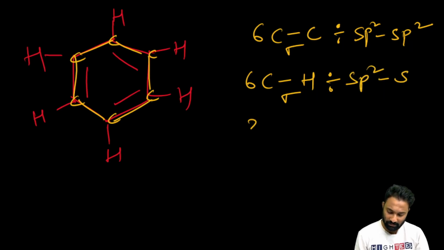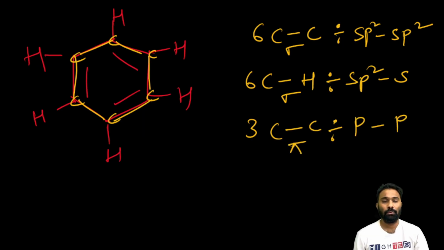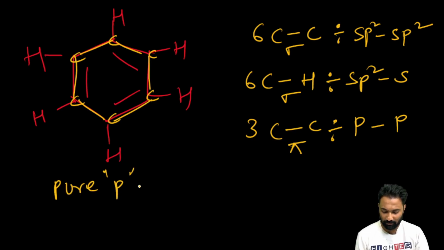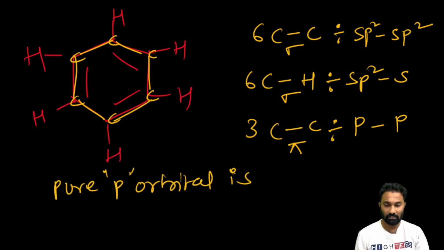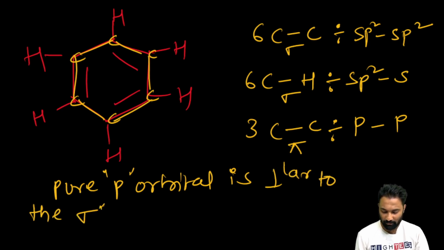Next, the 3 carbon-carbon pi bonds are formed by the pure p orbital and the pure p orbital. Clear? Once again I am saying, the pure p orbital is perpendicular to the sigma bonds.